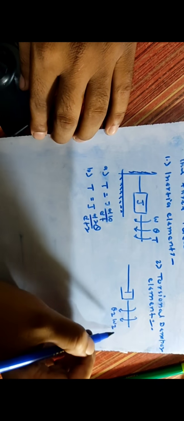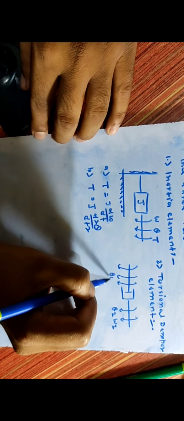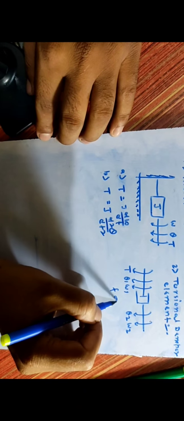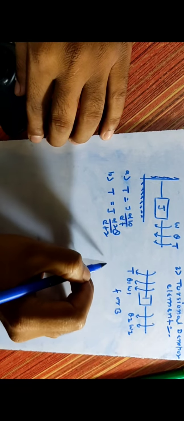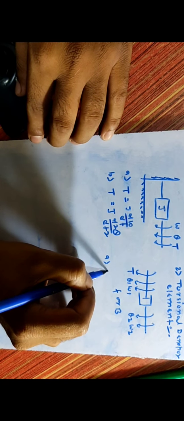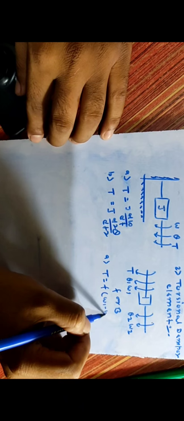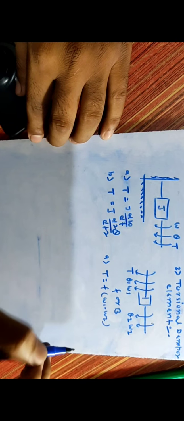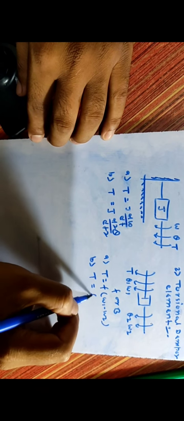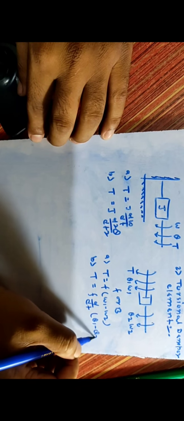Theta 2, omega 2, theta 1, omega 1, that is torque T. Torque is equal to B times (omega 1 minus omega 2), and torque is equal to B d/dt (theta 1 minus theta 2).